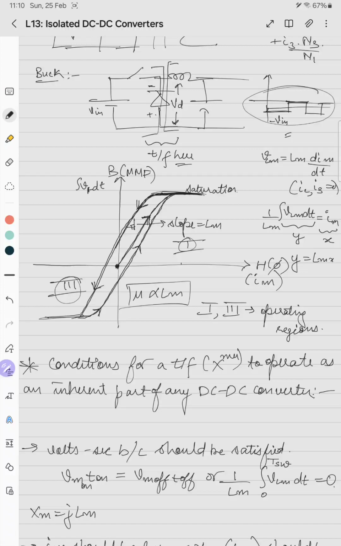It has to be magnetized and demagnetized in the respective time intervals. When the switch is on, the transformer is magnetized, its primary connected to the supply voltage, so the inductance Lm is getting charged from the input supply. Since VL is L di by dt, Im is 1 by L integral of VL dt. The integration of a constant V in is a ramp signal, so Im will be rising.